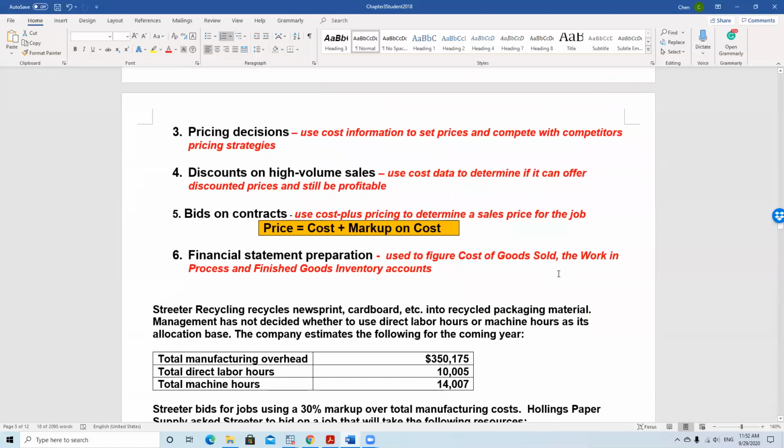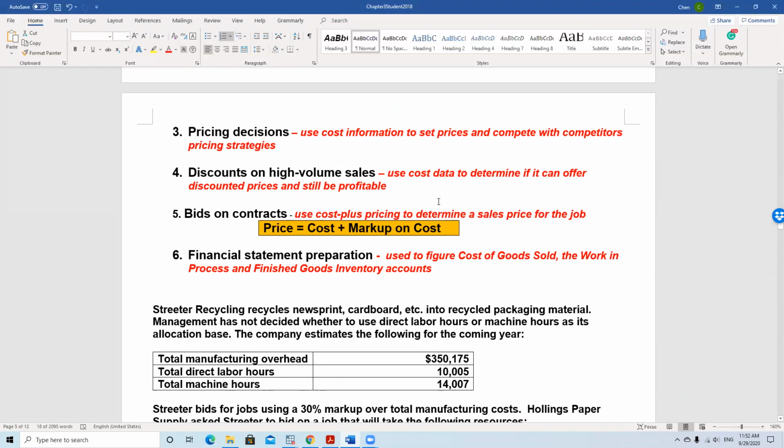And also pricing decisions. If you have this job costing, then you will know how much profit you want to make on each product, and then you can make your decisions whether you're gonna set a price and compete with your competitors.